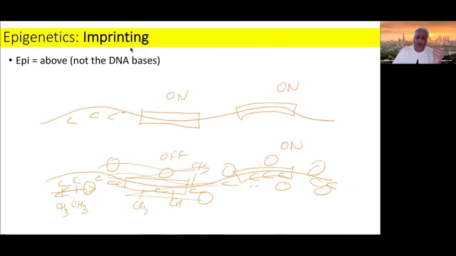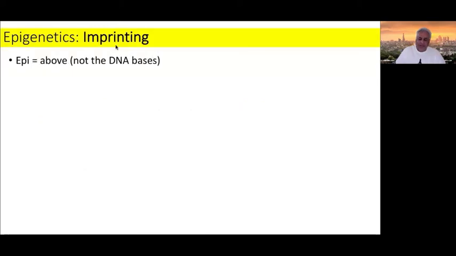What we're going to do now is look at imprinting in a classic case, right? Let's consider this with respect to an example. The classic example in genetics is called IGF. And there's many versions of IGF. We're going to look at IGF2, this particular gene.